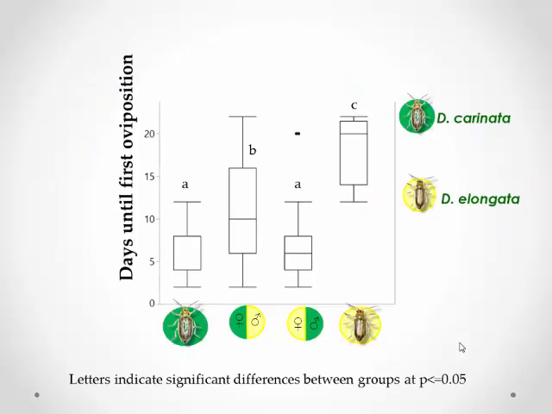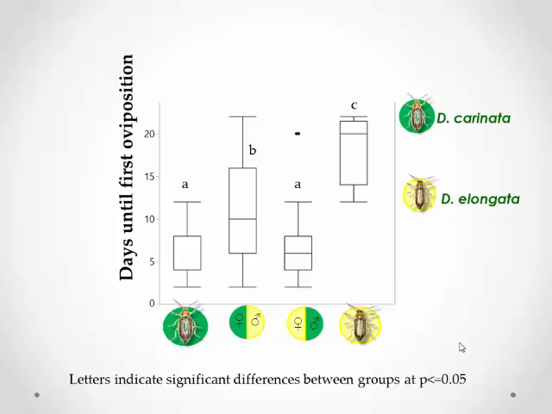So again, the results are brief, but first I'd like to show you days until first oviposition. So this is a measure of fitness because it's how much time it takes an adult to begin ovipositing on the plant. And in this case, higher on the y-axis implies lower fitness because it's taking much longer. I would point out that here we have elongata and carinata.